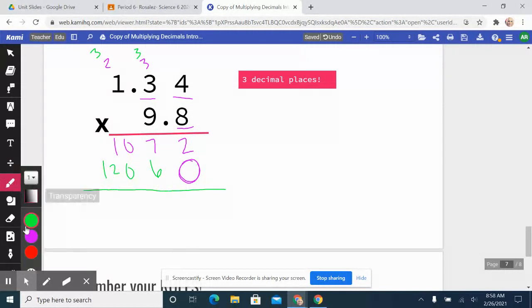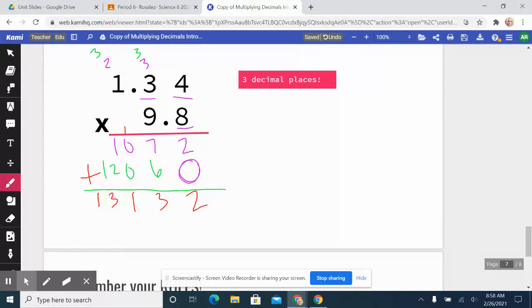Okay, so I'll switch to a new color. So now we add those, remember? So that's 2, that's 13, that's 1, and that's 3, right? No, that's a 2. Sorry. I'm not lined up like I should be. Okay, so I get 1, 2, 1, 3, 2.